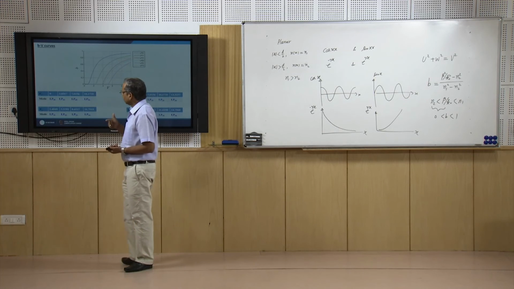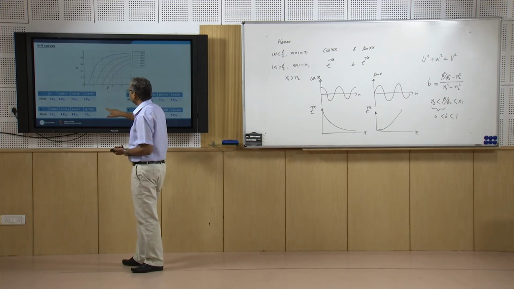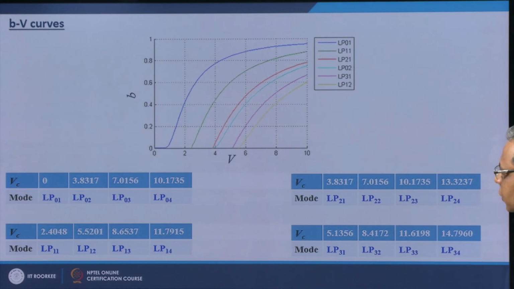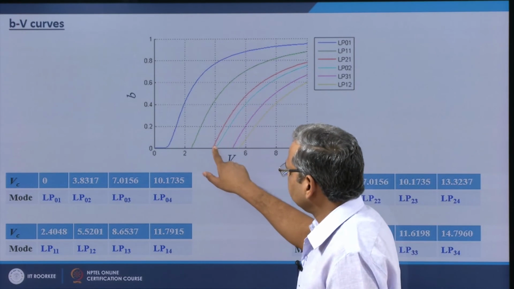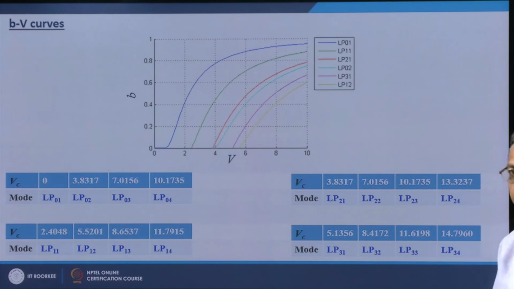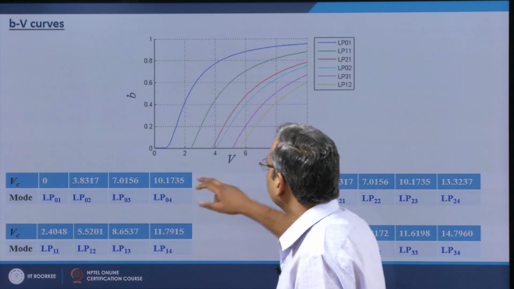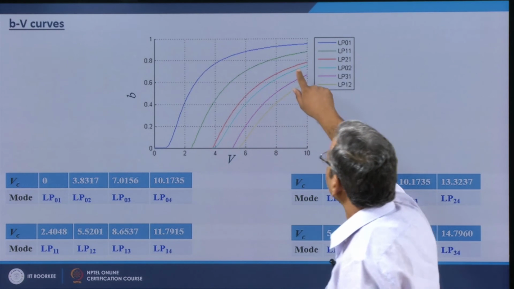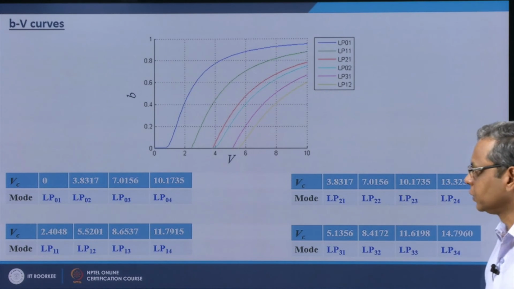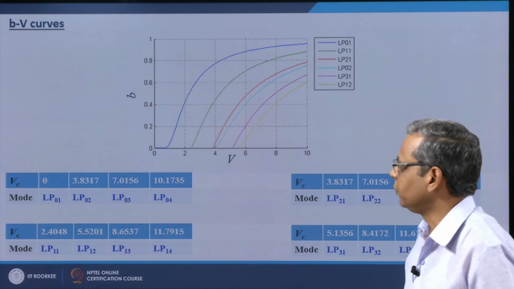If I look for the next number, I find it is 3.8317 and it appears twice here, for LP02 and LP21. So, both will start from here at 3.8317, and then if I solve the transcendental equation corresponding to these modes, the propagation constants vary like this. So, the LP21 mode goes like this and the LP02 mode goes like this. Similarly, the next one is LP31 and the next one is LP12.